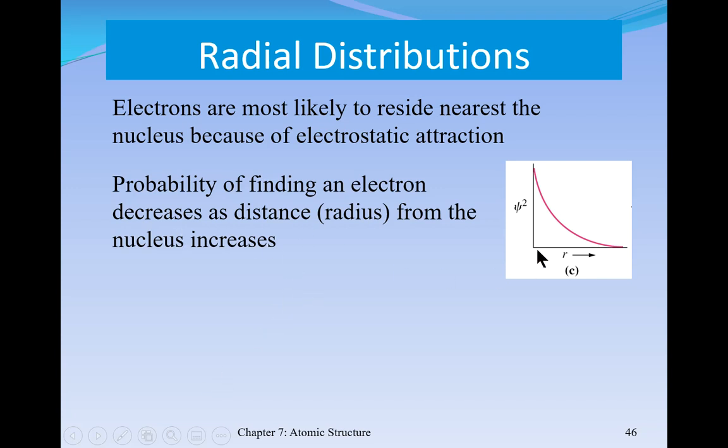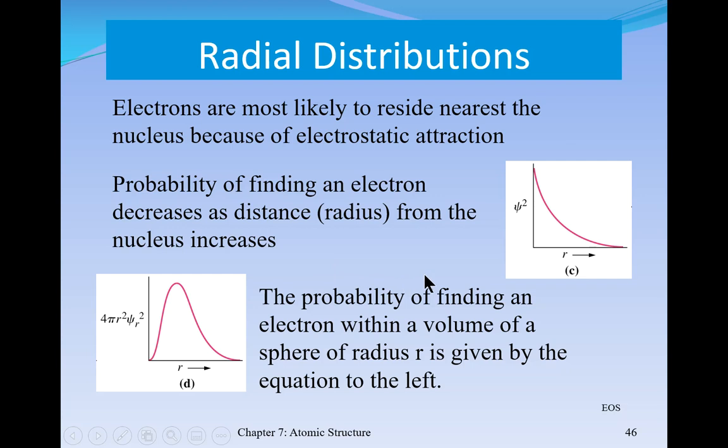And of course, what you'll find is that the probability of finding the electron decreases, because that's what psi squared means, right? This is the wave function squared. That's the probability of finding the electron decreases as you go away from the nucleus, which makes sense because the electrons are negatively charged and the nucleus is positively charged. So therefore, the electrons will most likely spend most of their time around the nucleus.